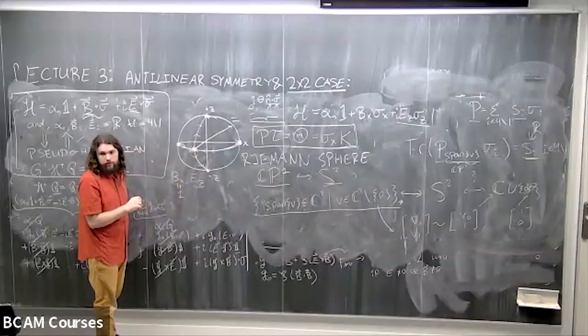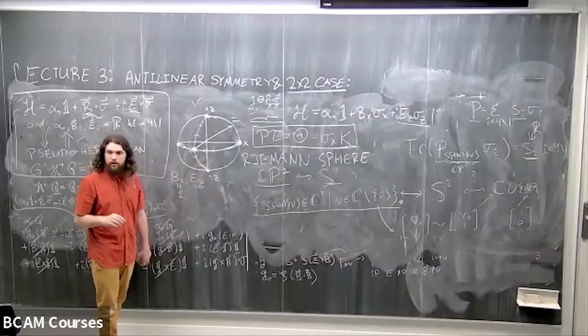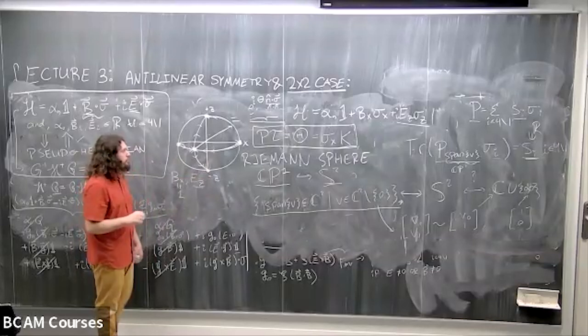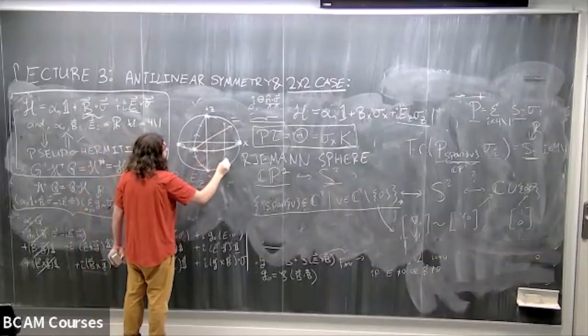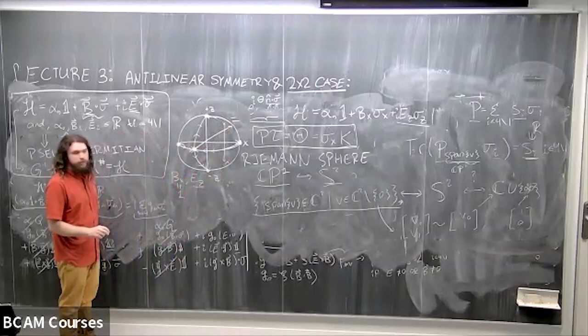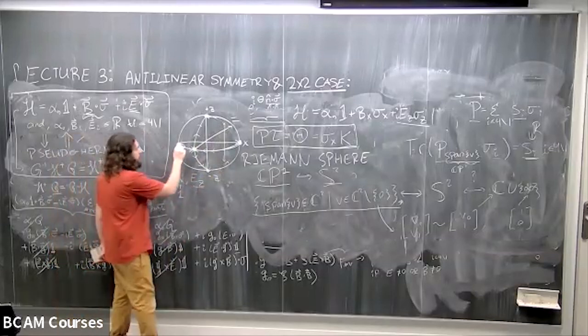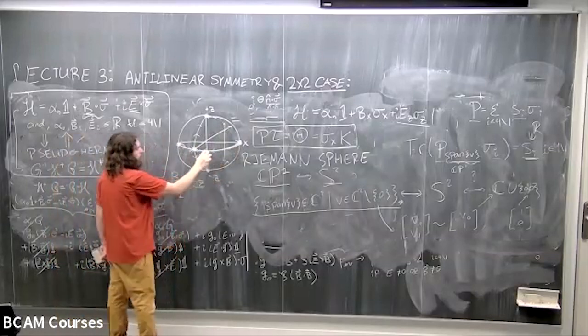Now, the next thing that you can show is that the PT operation that we have here, its effect on the Riemann sphere is to take some point, let's say up here, and to reflect it about the equator. So the way that you can geometrically understand PT symmetry breaking is that PT is unbroken on this equator.